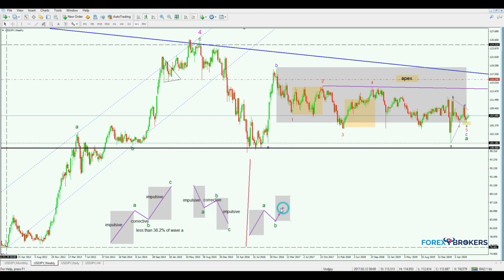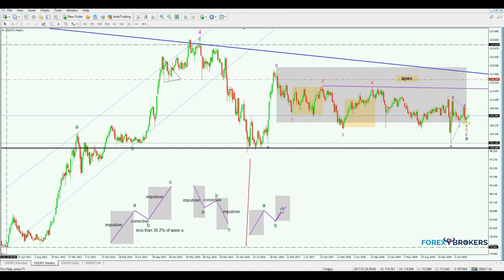So all you have to do is take a Fibonacci retracement level, measure the length of wave A to find 61.8, and the C wave should not exceed 61.8.